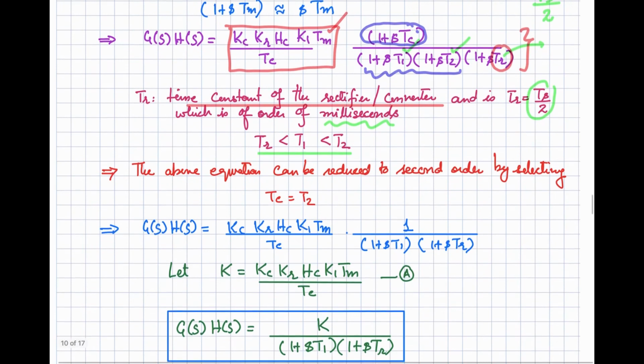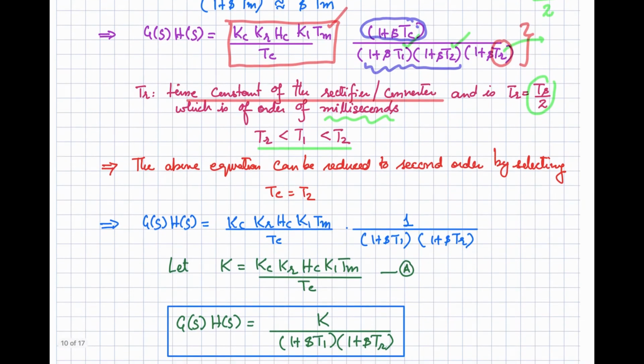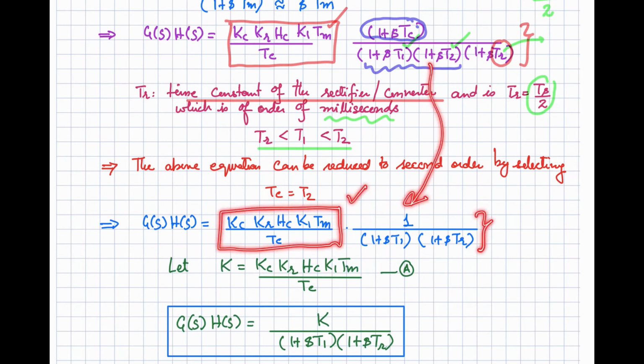So with this approximation, you place the 0 of your controller such that it cancels this one. So you can write down this expression like this. This is the open loop gain, and now you have the two poles of this open loop.